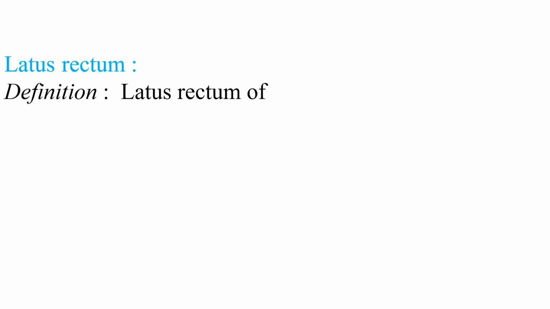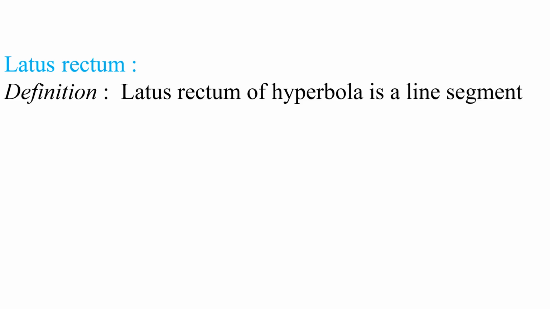In the case of ellipse, we have discussed latus rectum. Here also we discuss the latus rectum of a hyperbola. Okay, my children? Come to the point, latus rectum of a hyperbola. See the definition of latus rectum of a hyperbola.